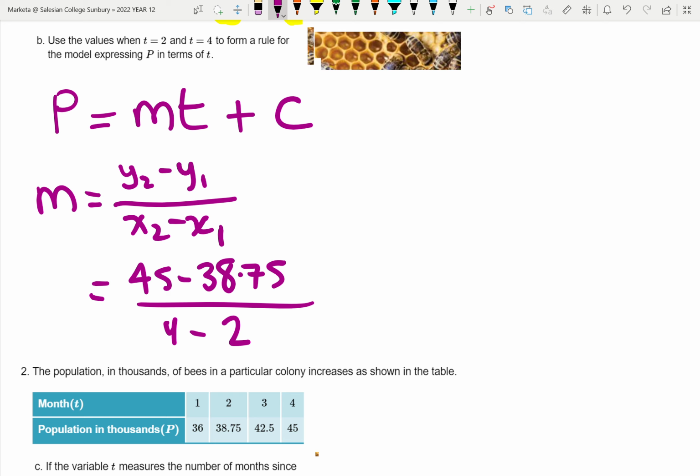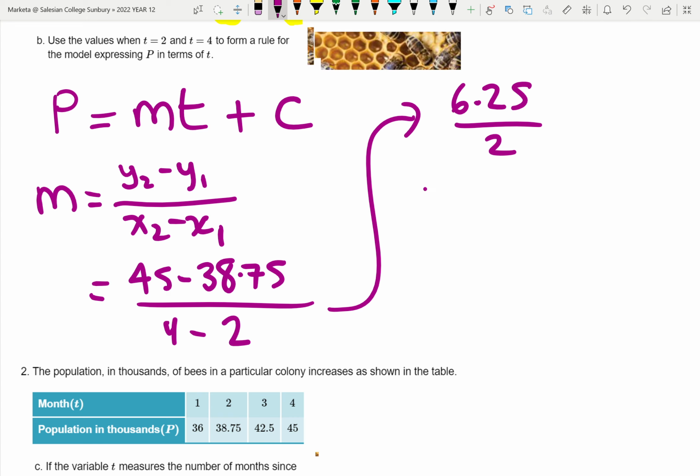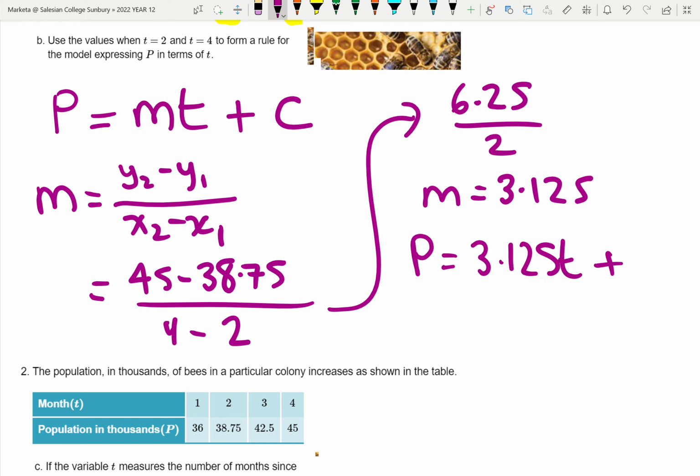Let's see, I'm just going to quickly CAS that. 6.25 over 2. And that gives me that my gradient value is going to be 3.125. So far I have P equals 3.125 T plus C.